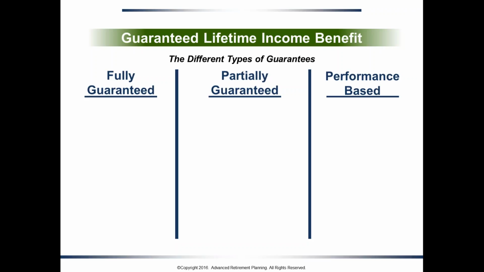So they used to just be fully guaranteed at very high rates, and there was no limit to how long they would grow. As interest rates started to come down significantly, we started to see these guaranteed roll-up rates decrease. We also saw them starting to put limitations on how long it would grow. Many of them are limited to 10 years.